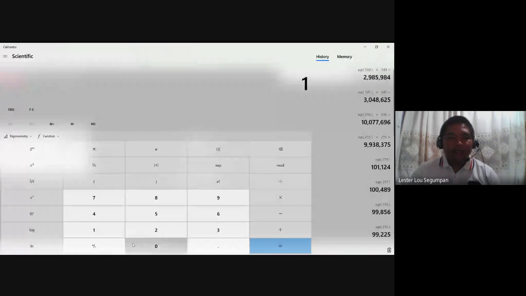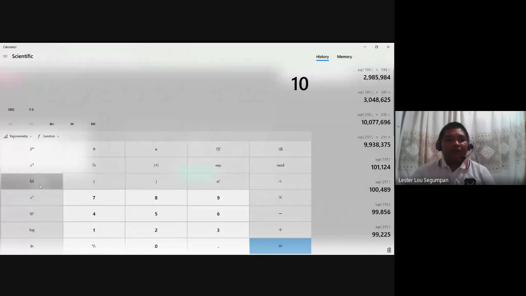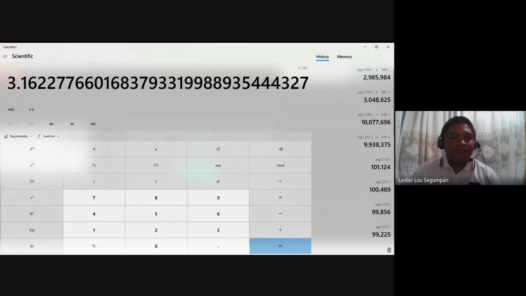So we are asked to take the value of the square root of 10. And the answer earlier was it's closer to the tenths 3.2 and the hundredths 3.16. So let us try. I have here 10. This is the square root here. I'll pick the square root. As you can see, the value of square root of 10 is 3.162277.